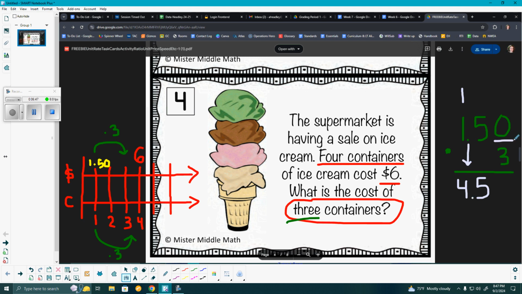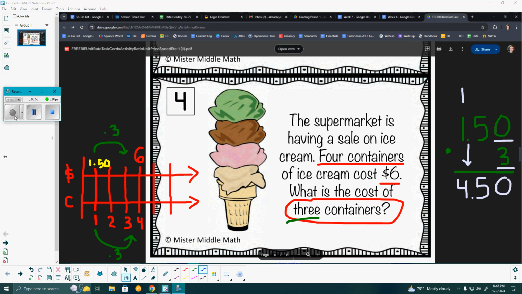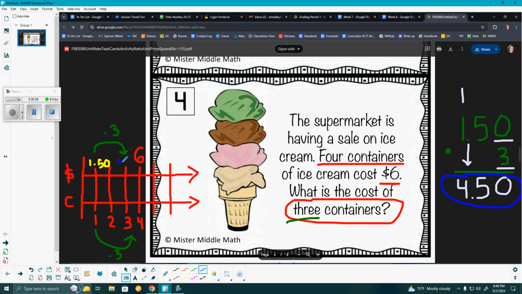And then because I knew that 0 times 3 equals 0, I will just put my 0 right here. So $1.50 times 3 is $4.50. Meaning that 3 containers costs $4.50.